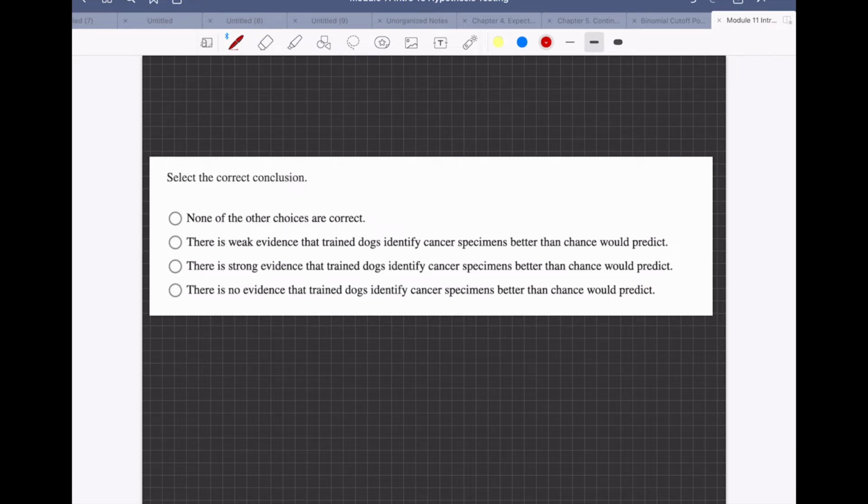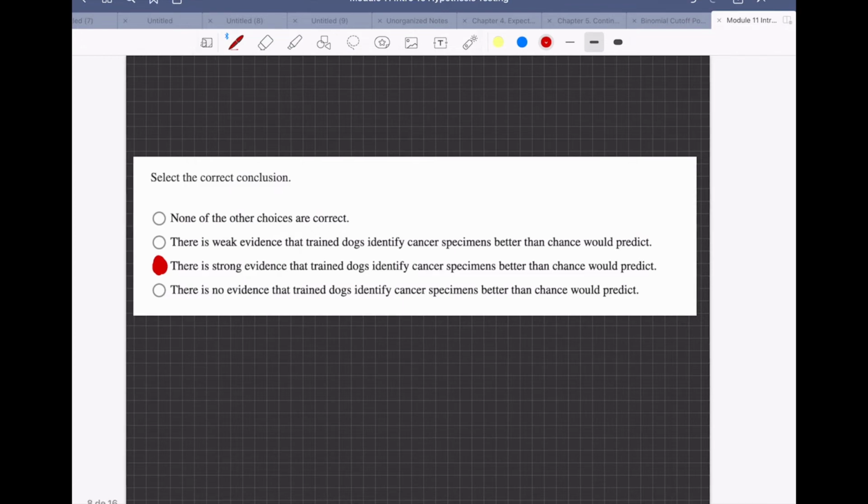And here, how do you respond to this in a chip? There is strong evidence that trained dogs identify cancer specimens better than chance would predict. This one. There you go. So let's continue.